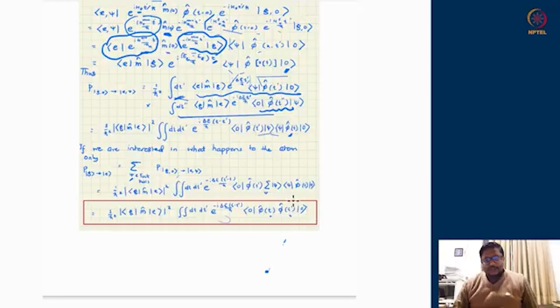So therefore, we will need to compute this 2-point correlator at t and t prime, which we have done already. So I will just use that result in the next class and show you what is the probability of transitions of atoms, excitations, de-excitations, and other things of the atom through quantum fluctuations. This is not a classical field anymore.